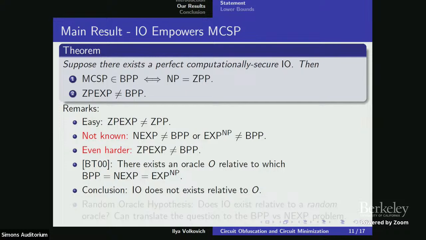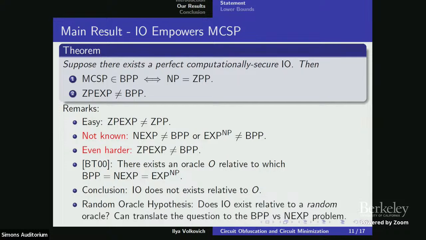And that brings me to the next point, something that was discussed here earlier. I don't know the answer to that question, maybe you do. What happens with a random oracle? Do we have IO with respect to a random oracle? If, for example, you prove that those things are equal with respect to a random oracle, you show that you don't have an IO with respect to a random oracle.